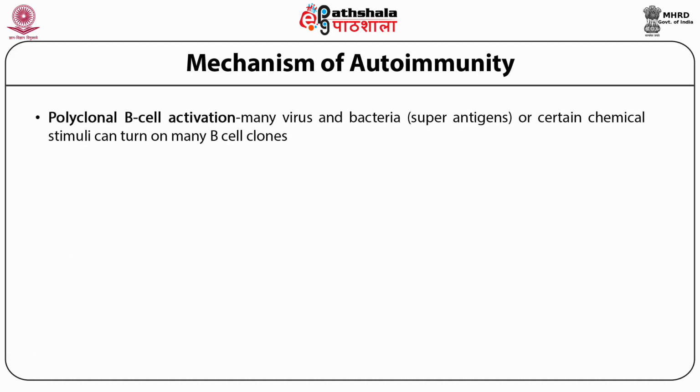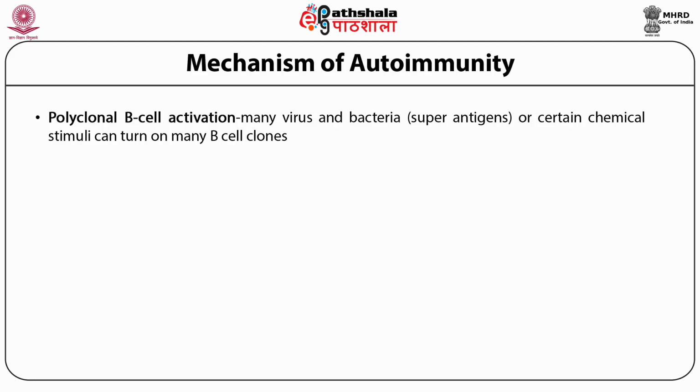Polyclonal B cell activation. Generally, a particular antigen will only stimulate its corresponding B cell. However, many viruses and bacteria can act as superantigens, or certain chemical stimuli can turn on many B cell clones. The nature of these antibodies is generally IgM, similar to the ones that are naturally produced.